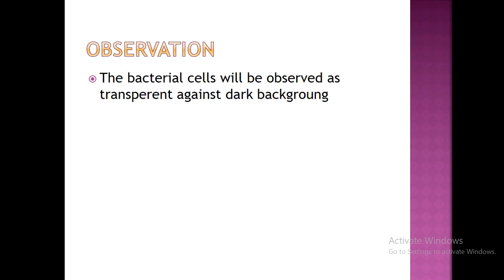So there will be repulsion, which will not stain the bacterial cell. The stain will stain the background rather than bacterial cells, and cells will become transparent. Cells will be unstained, and therefore this method is called negative staining.